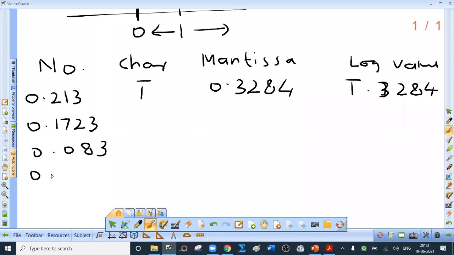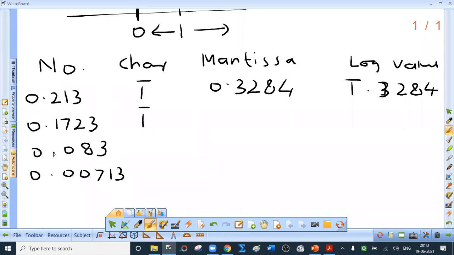I will give some time so that you can find the answer. Then 0.00713. I will explain characteristic part. Number is less than 1. So characteristic is one more than total number of zeros immediately placed after decimal point. There is no zero after decimal point. Add 1 to 0, that is 1. So characteristic is -1, but we write it as bar 1.